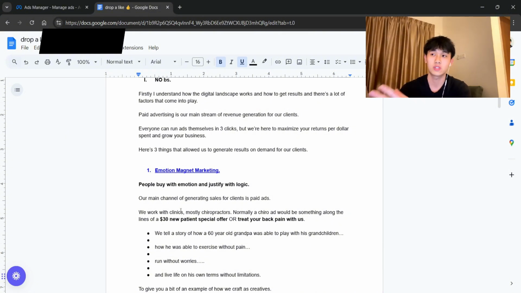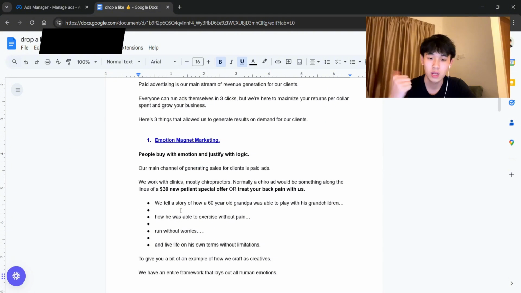I'm sure you've seen these types of ads, but with emotion magnet marketing, what we want is to tap into the emotion side of things and actually resonate with the audience and call them out. So a little bit of an example here. Instead of just running a patient offer or just selling our service, we actually do a little bit of storytelling for our ad creatives.